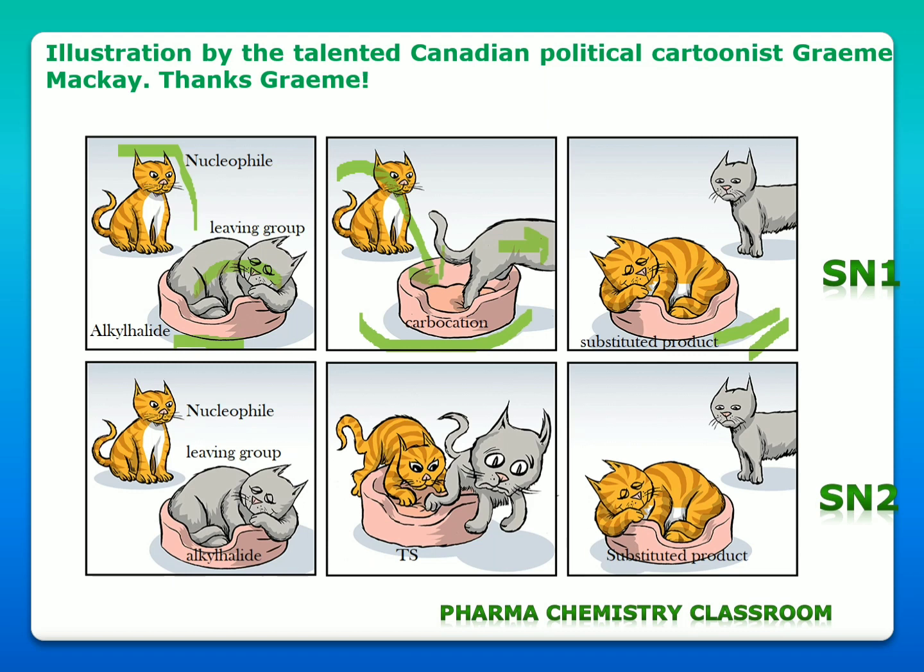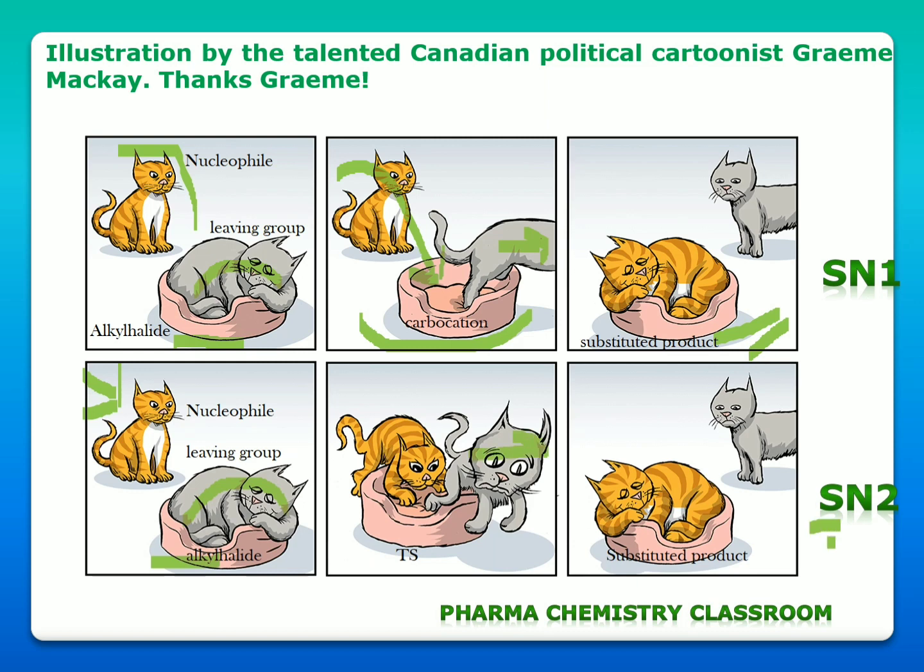So I hope you understood. In the same illustration, take this alkyl halide, on which this black cat, the leaving group, is present, sleeping on it, and the nucleophile which can come and sleep on this comfy chair is waiting. But now what happened? No more waiting, because it is an SN2 reaction.